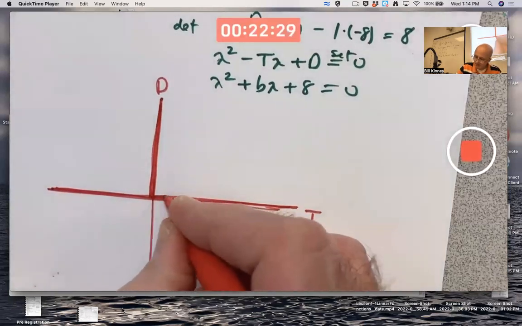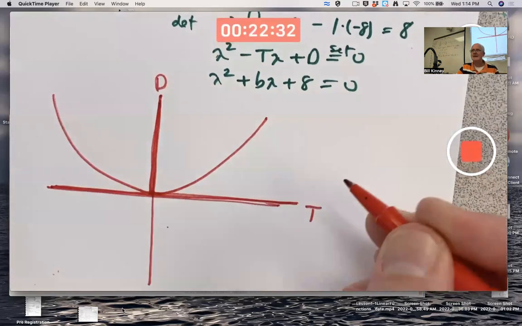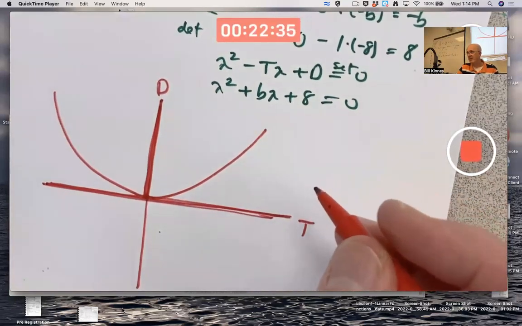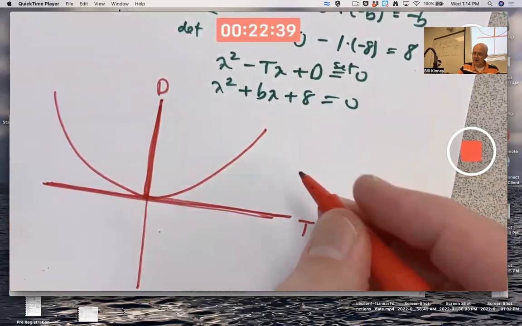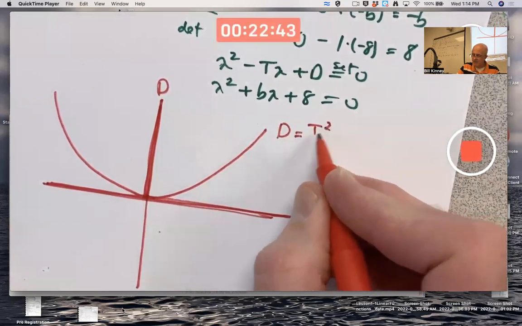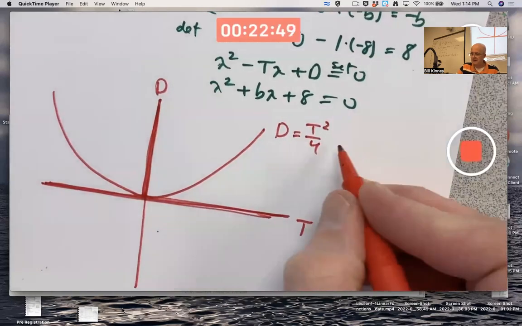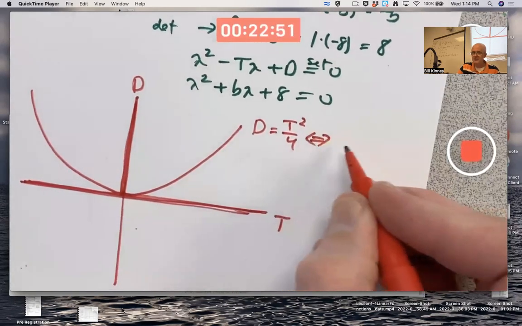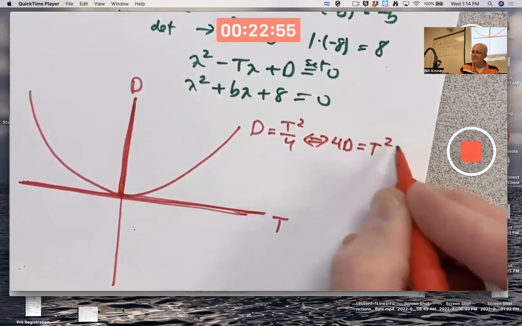And another one is a parabola whose graph looks about like this. Its name is the repeated root parabola. Its equation is d equals t squared over 4. It's a quadratic function of t. It is a parabola. It's sometimes nicer to think of that without a fraction, to write it as 4d equals t squared.